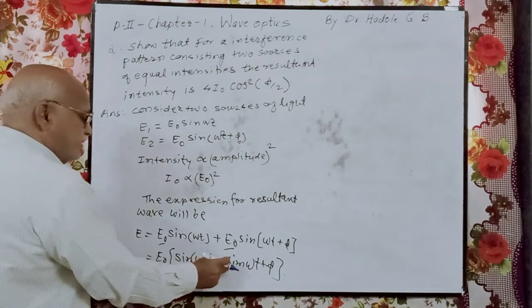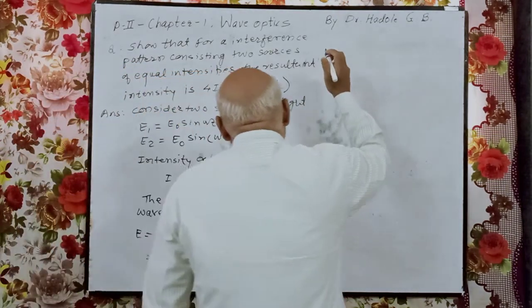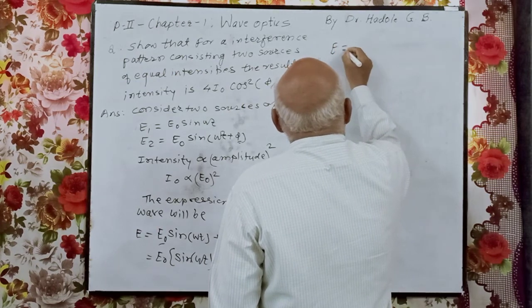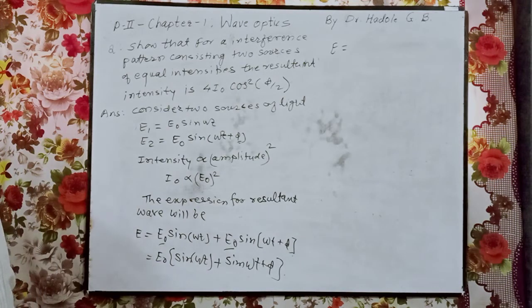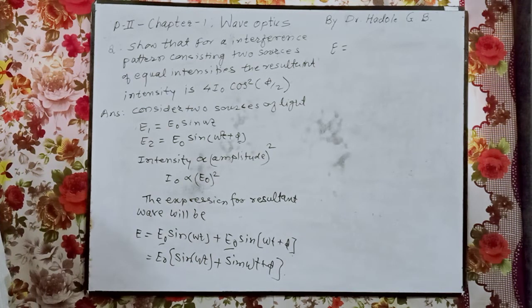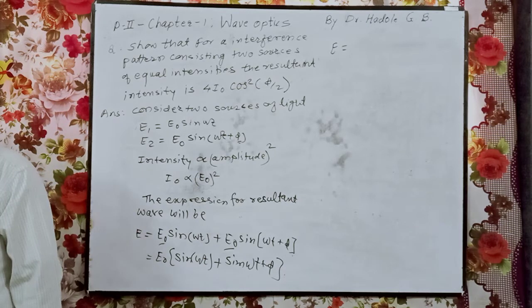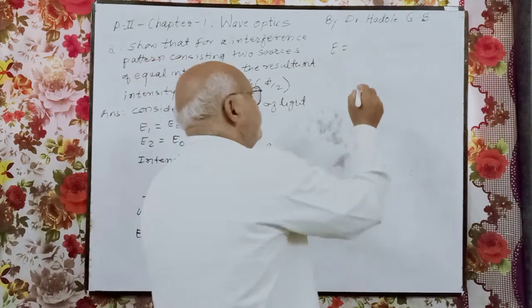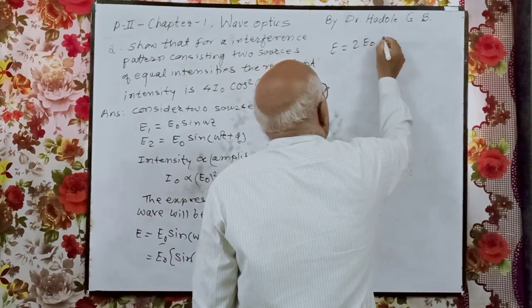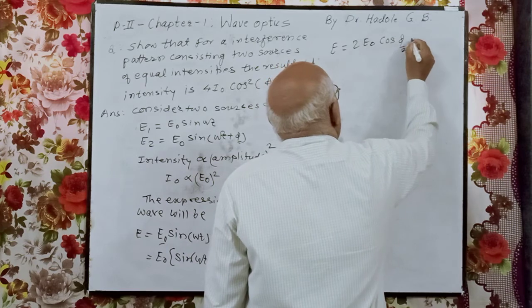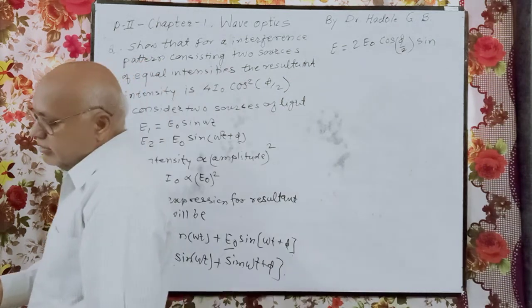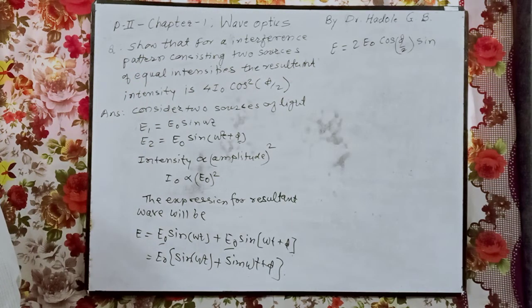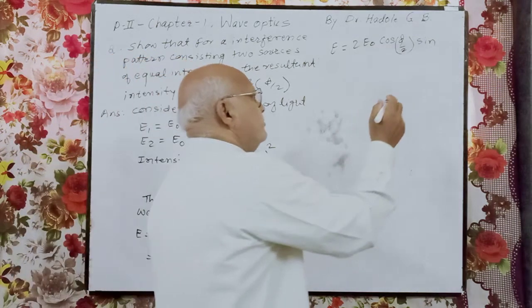Using sin C plus sin D, we write the resultant equation of the wave, E, in short, that is equal to twice E0 cos of phi by 2 into sine of omega t plus phi by 2.